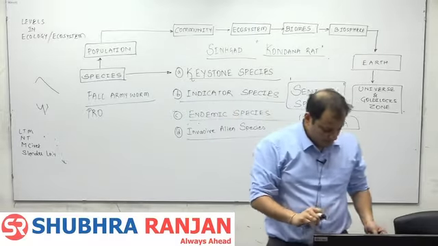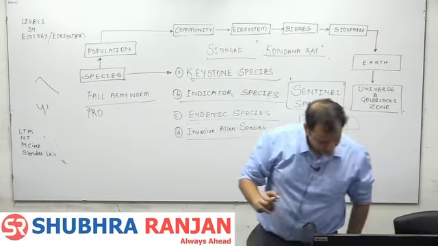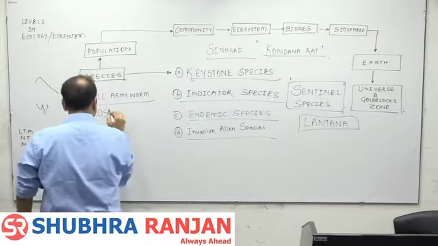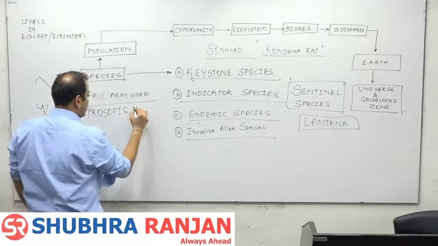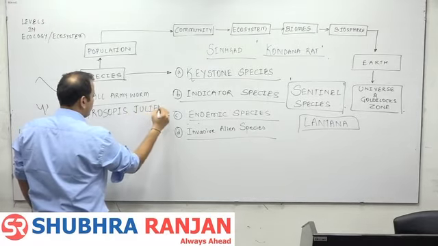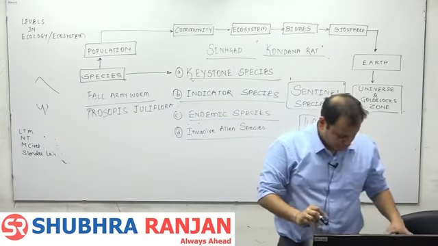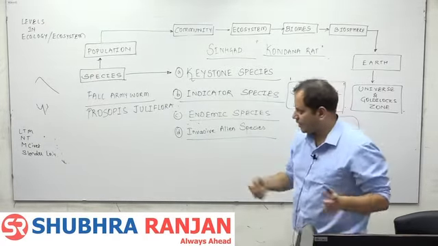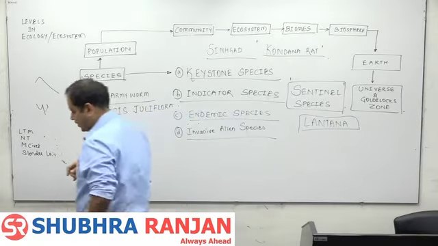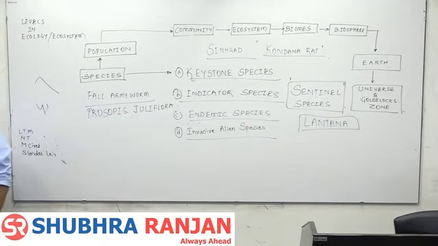Next, Prosopis juliflora. It was last year's question. It is an invasive alien species, especially in the Banni grasslands of Gujarat.